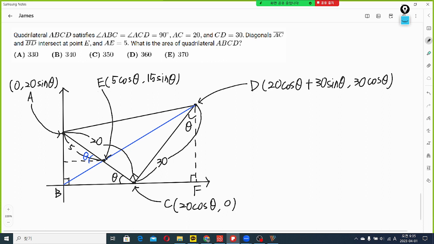Because B, E, D are collinear, that means the slope for BE is the same as the slope of BD. So in this case, the slope means the y over x coordinates. So the slope for BE is 15 sine theta over 5 cosine theta.